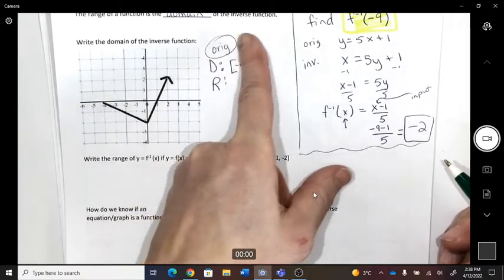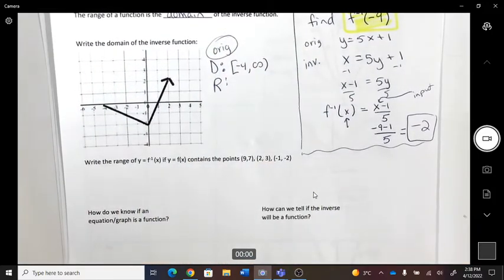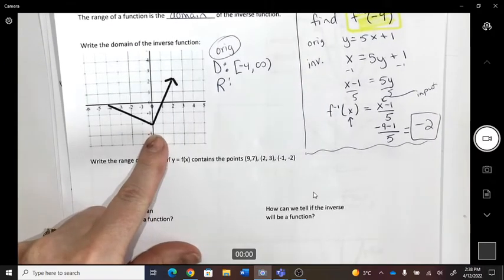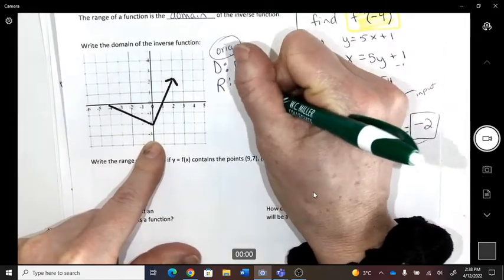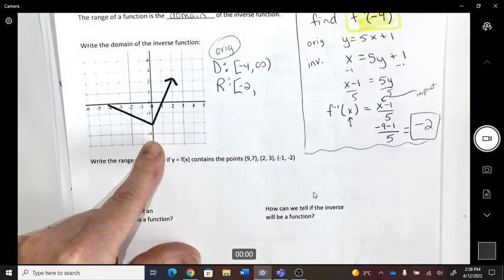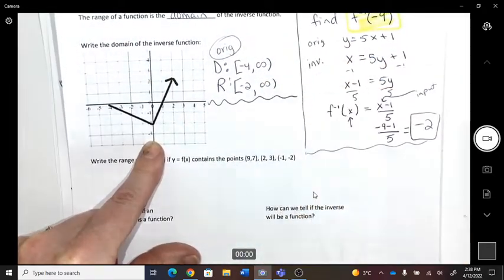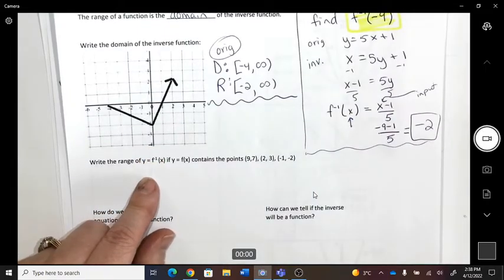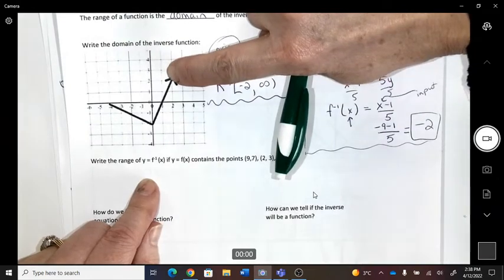It keeps going right, the arrow's going right. What's the range? What's the lowest? -2. What's the highest? Infinite. The arrow says it's going up. But if there was no arrow, you wouldn't do infinity? If there was no arrow, if it stopped there, it would be 2.